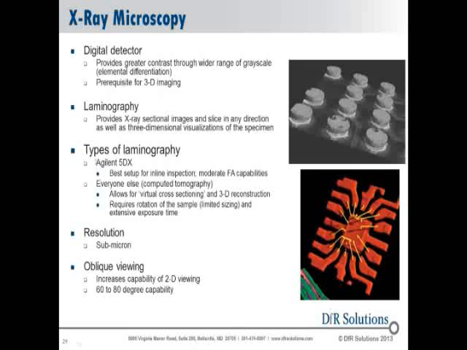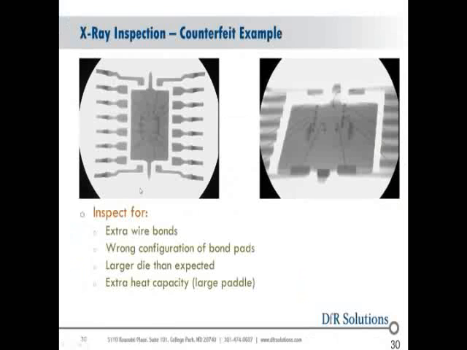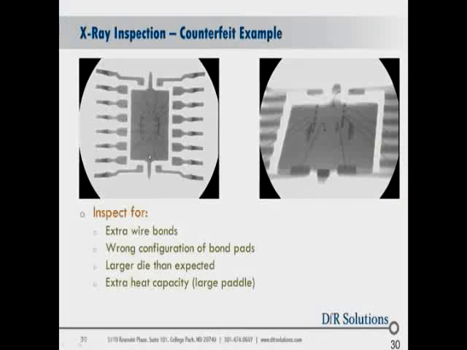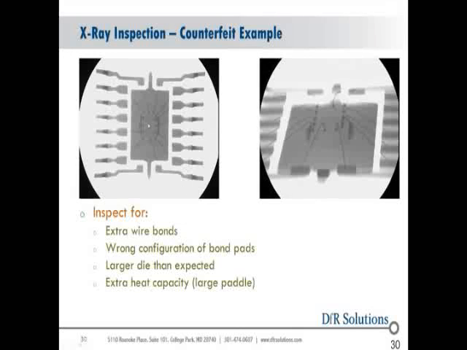So we can see if there's any kind of quality issues or failure issues that have popped up inside these things. So you can also do very simple two-dimensional X-rays and look for things like, are all the wire bonds intact, are any of them blown open or detached from either the lead pattern grid or the IC die itself.